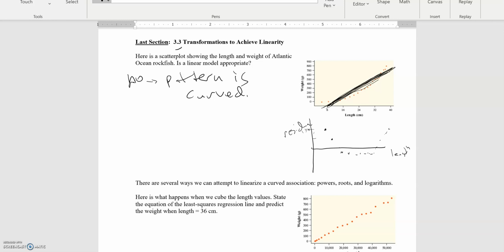Remember what we said about the residual plot: we want this to be random scatter. We want this to not show a relationship, and so that would be another indication that the linear model is not appropriate. It's enough to look at the original and say it's curved, don't use a line, but this is just another way you might see it. They might show you a residual plot and you say, oh yeah, look at this pattern in the residuals.